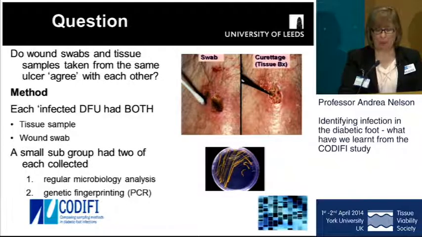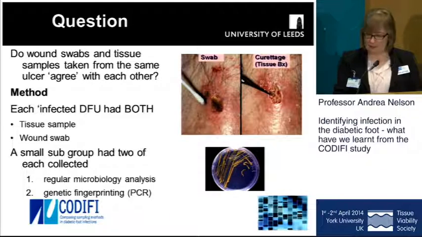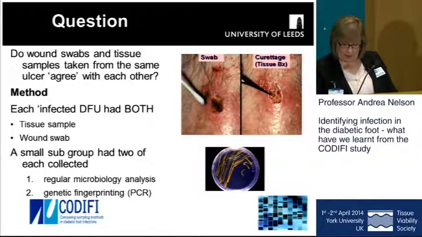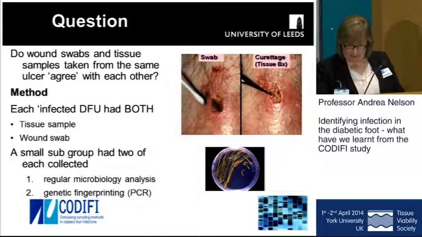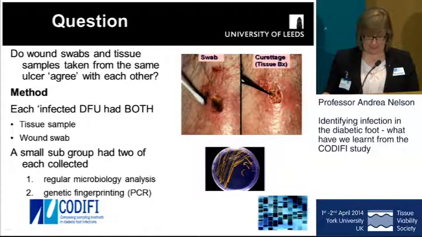In a small subgroup of patients, we collected two sets of samples, and we are doing a small sub-study to compare the regular microbiology analysis, where you send things off for plating and culture, such as these squiggles on the agar plate, and comparing the results that you get if you send it for DNA fingerprint analysis, such as this little picture down at the bottom right. So if anyone's a murder mystery fan, this is the sort of genetic fingerprinting you get whenever the murderer leaves fingerprints at the scene.